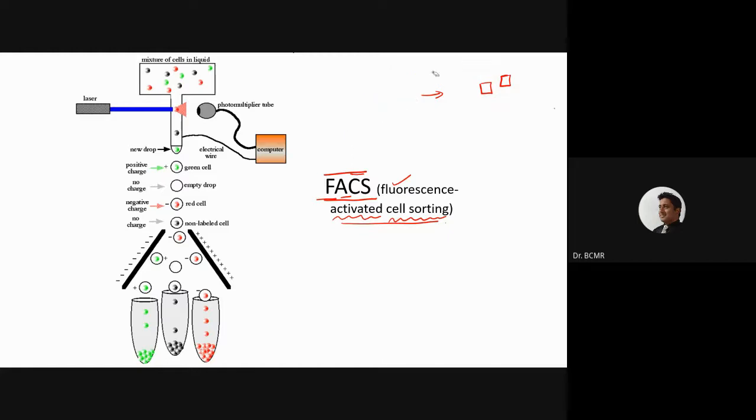So we need to go back to what we have discussed for antibodies; the same technique can come in handy here. This is the embryonic stem cell, and here is, say, a differentiated cell.